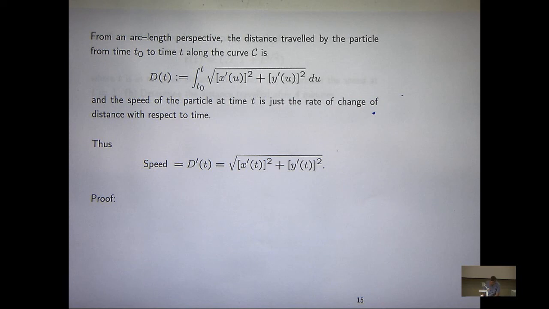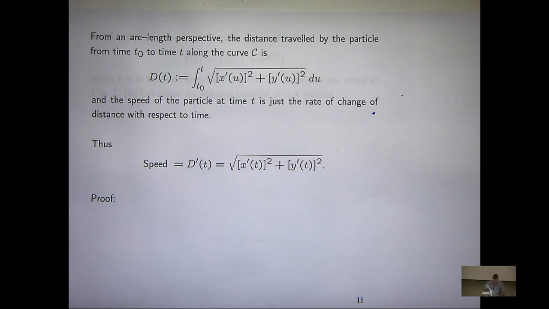Now we know that the speed of a particle is just the rate of change of distance with respect to time. So if I have some function for distance, then I can just differentiate it, right? In your notes, I think I've got S's instead of big D's, but it doesn't really matter.